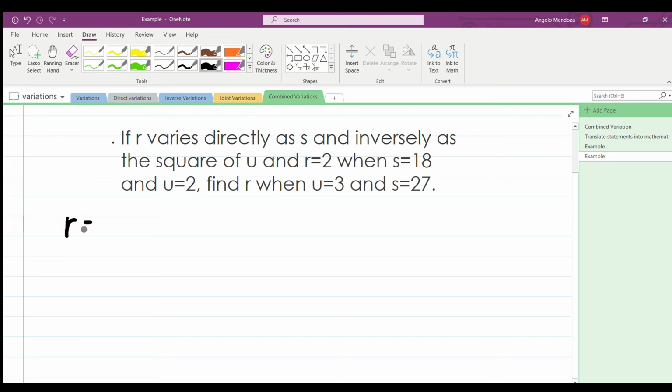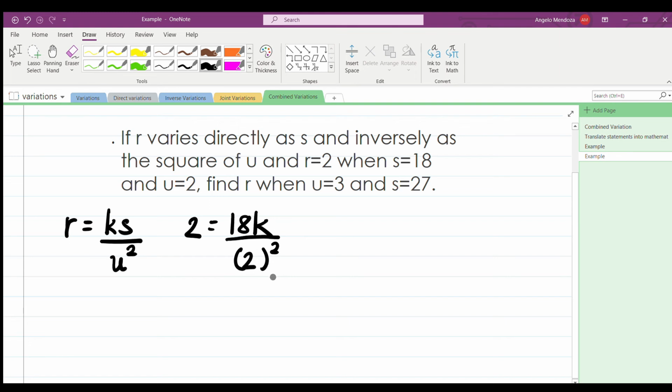We have R varies directly as S and inversely as the square of U. So substitute now. We have 2 for R when S is equal to 18, so we have 18K over 2 squared, since you have the square of U here.